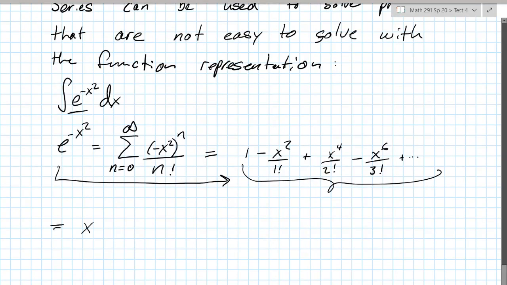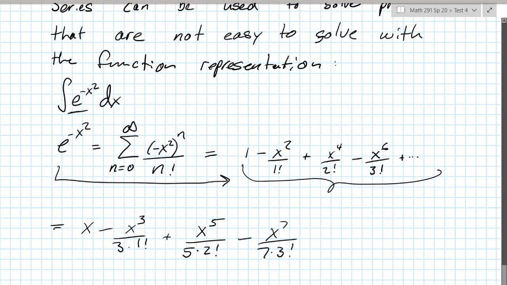which would give us x minus x cubed divided by 3 times 1 factorial plus x to the 5th divided by 5 times 2 factorial minus x to the 7 divided by 7 times 3 factorial.